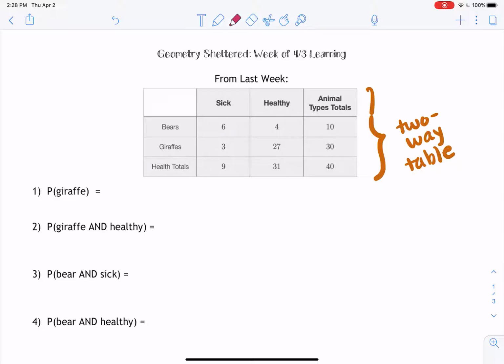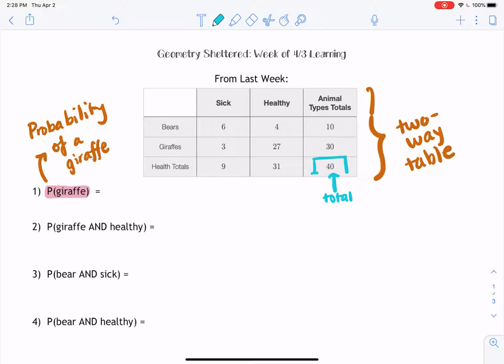So first here, just a reminder that this notation, we would say it out loud as probability of a giraffe. So our question is, out of the total population, what is the probability of a giraffe? So in this box right here, we have the total population of animals.